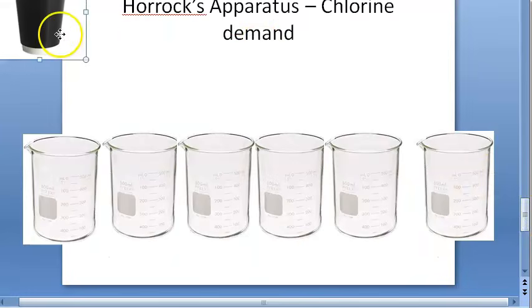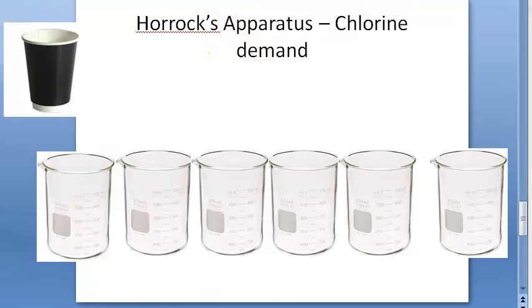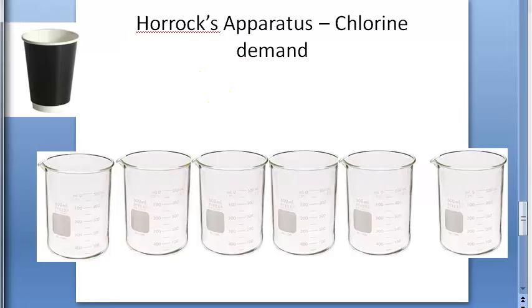Now what will you do? You will find the exact amount of bleaching powder required for disinfection. How will you do that? Using the Horrocks apparatus, you will calculate how much bleaching powder is required. Approximately, they are saying 2.5 grams of good quality bleaching powder is required to disinfect 1000 liters of water.